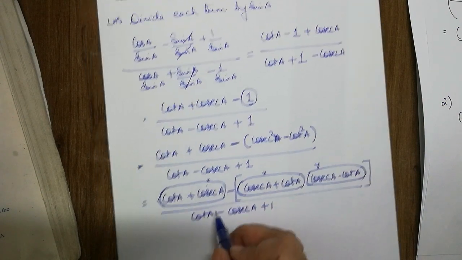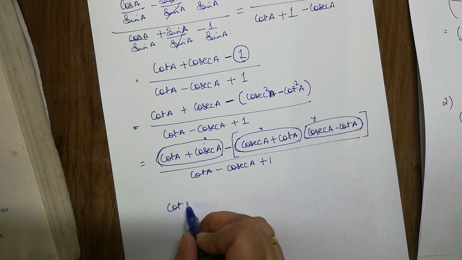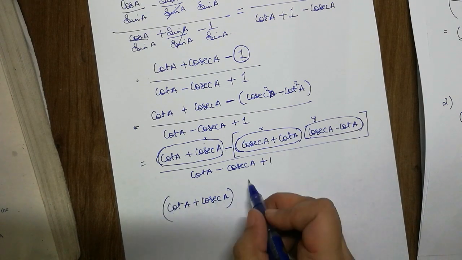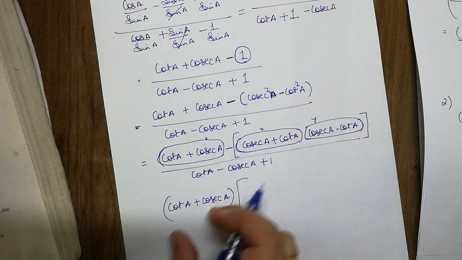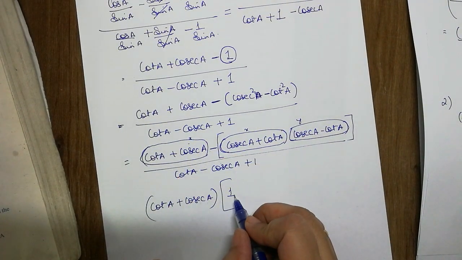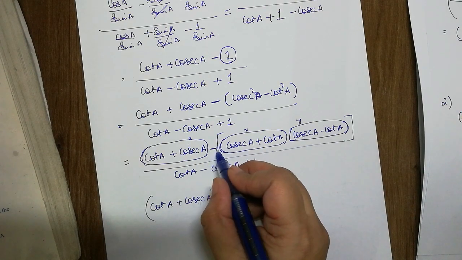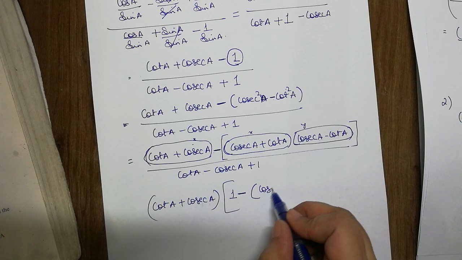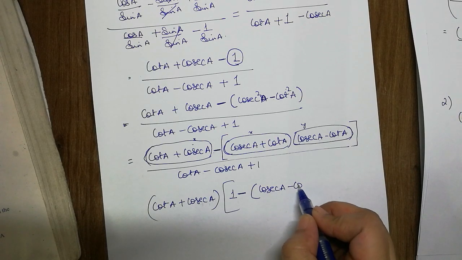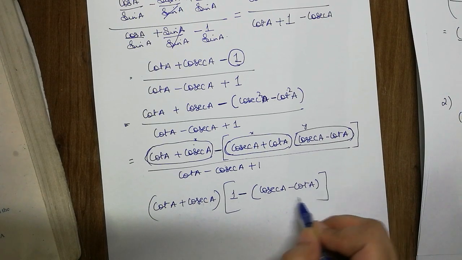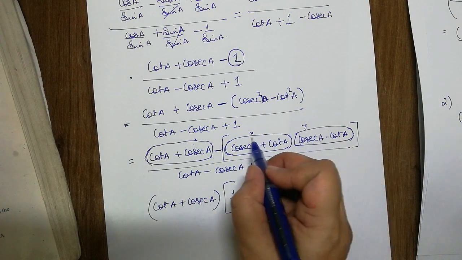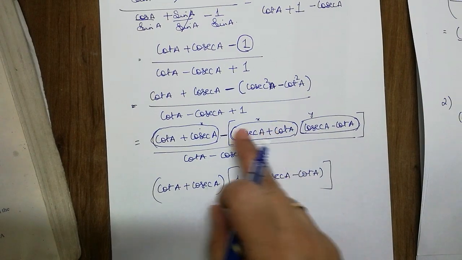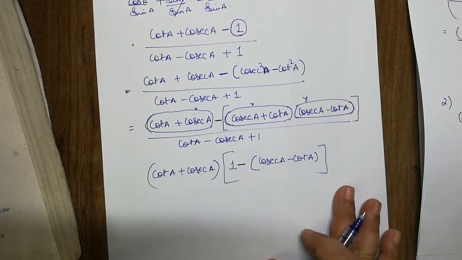We will take this common out, the whole bracket, that is cot a plus cosec a. This bracket is out, this will be 1. Here this is out, 1. This minus sign over here, still inside the bracket, cosec a minus cot a as it is. Like x minus x into y, x common out, 1 minus y. Just to understand, I have given x and y, do not write it.